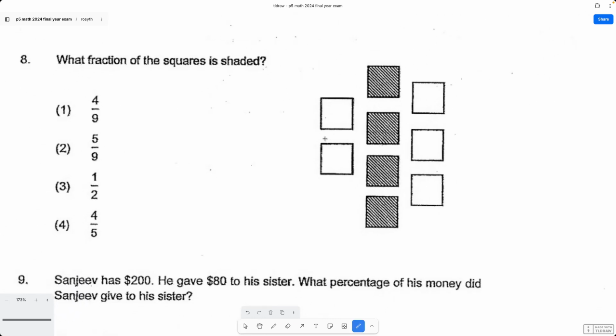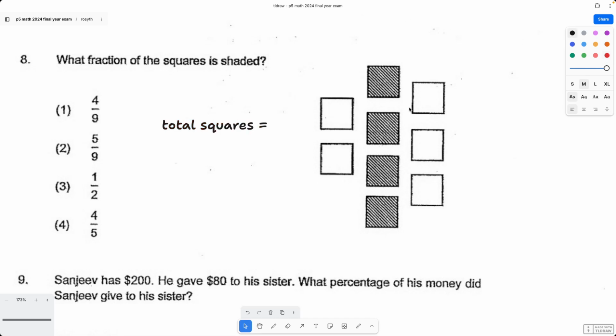Which fraction of the squares is shaded? So we need to get the total squares. You can just manually count. So 3, 5, 9. So 9. And then the shaded squares is equal to 4.